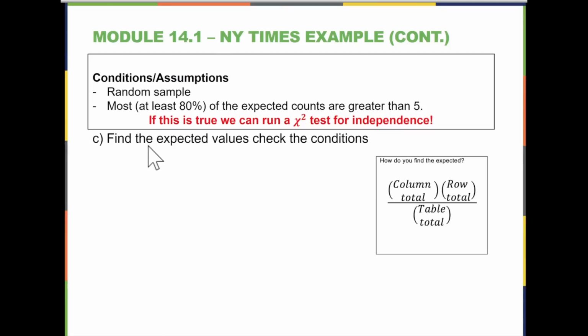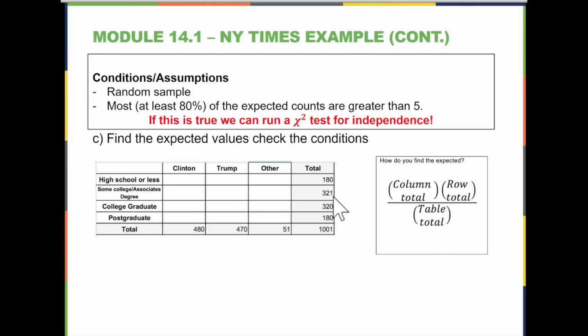So, to find the expected counts, we need to take the column total times the row total and divide that by the table total. When we look at this, we see that there were 180 people that participated in the survey that had a high school score or less. We can see that 480 voted for Clinton, and we can see that our table total is 1001. So to find the expected counts for this group, we take 180, multiply times 480, and divide by 1001.